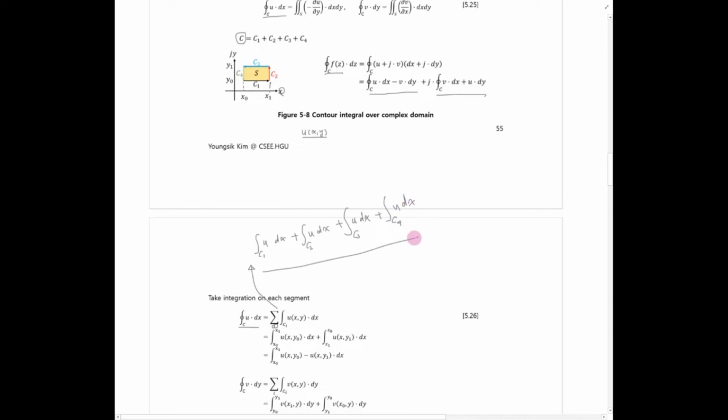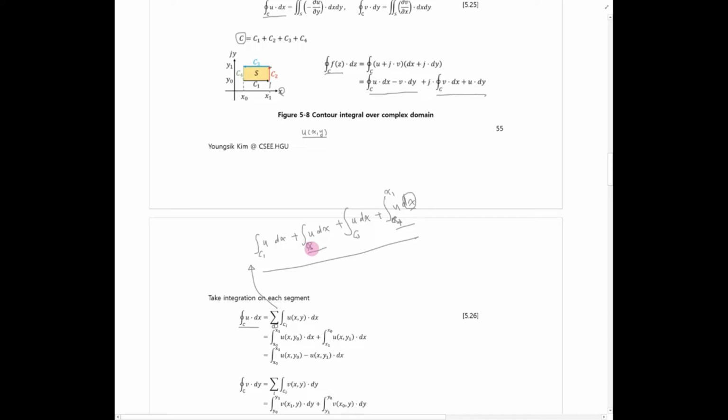This one, plus this one, should be equal to the whole closed contour integration. From here, on the second contour and the fourth contour, x doesn't change. So x is changing from the same point x1 to x1. Integration from this point to this point, x doesn't change. It's the same.